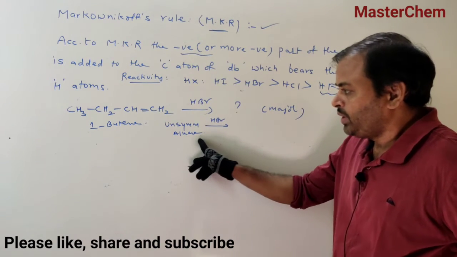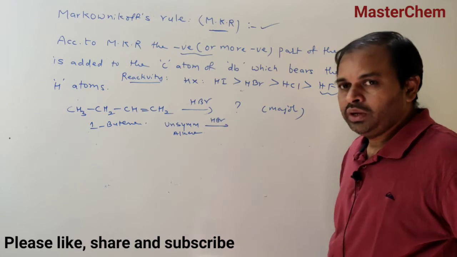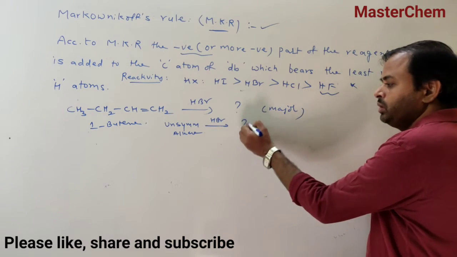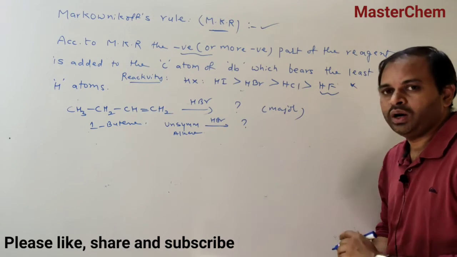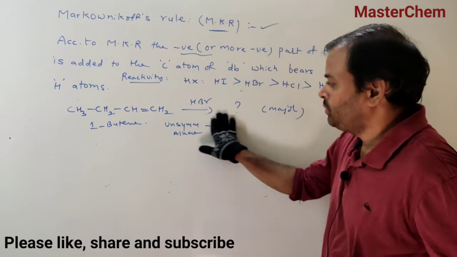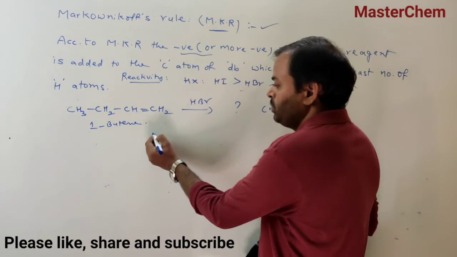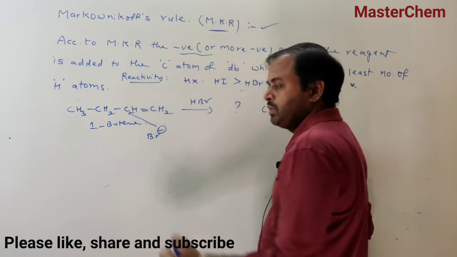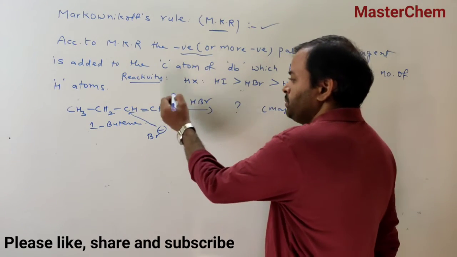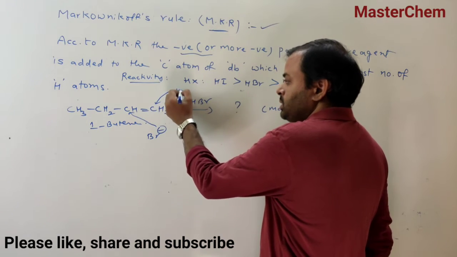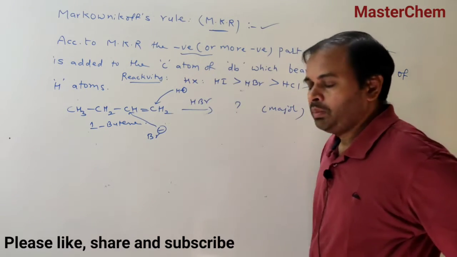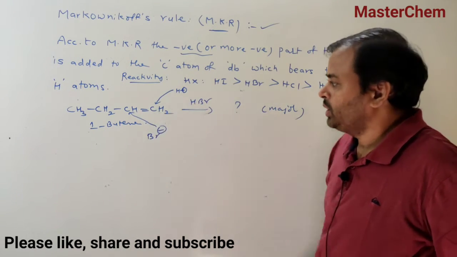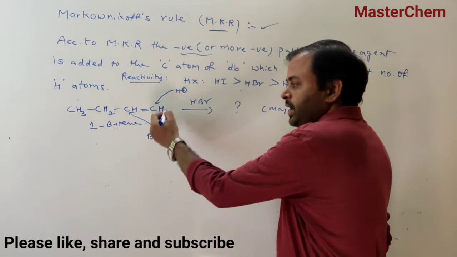If you find an unsymmetrical alkene and HBr in the reaction, you should apply Markovnikov's rule to get the product. What is Markovnikov's rule? Here the negative part, Br minus, must attach to the carbon having fewer hydrogen atoms, and H plus to the carbon having more hydrogen atoms, by anti-addition.